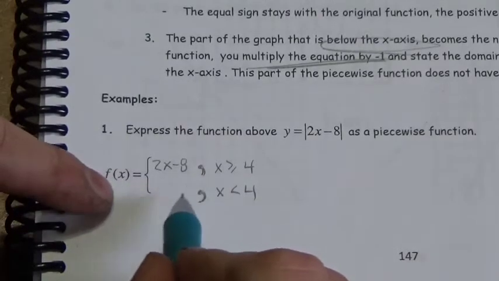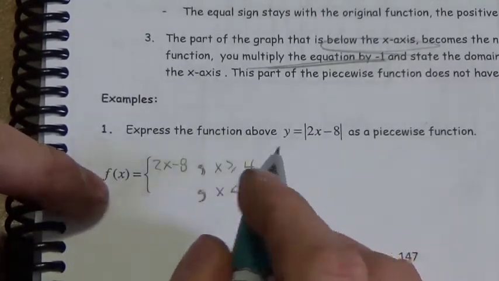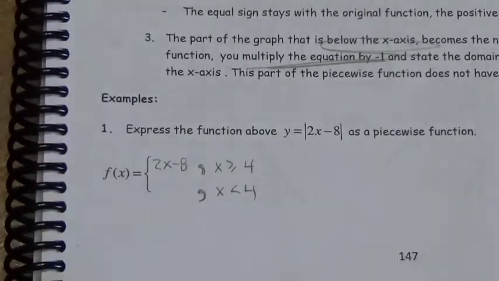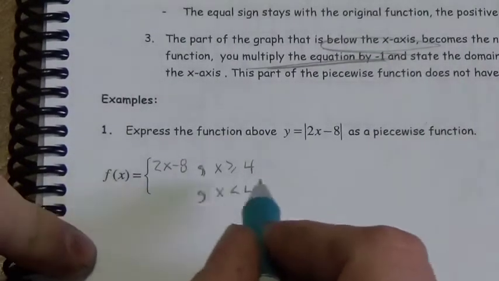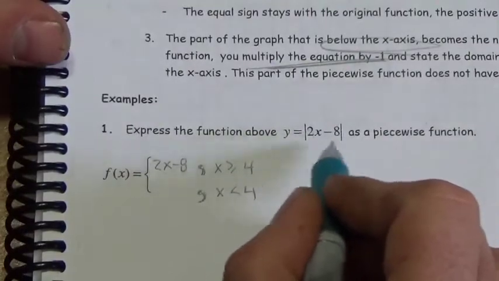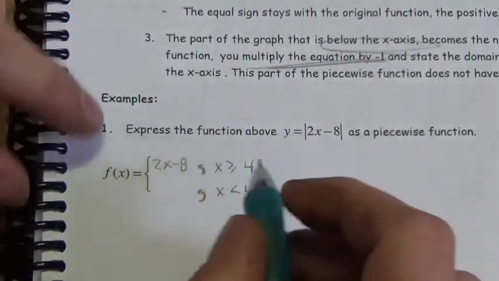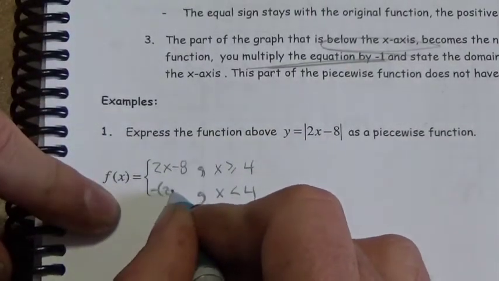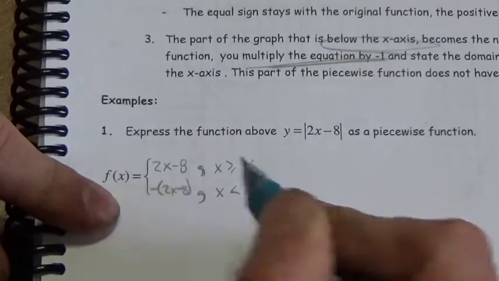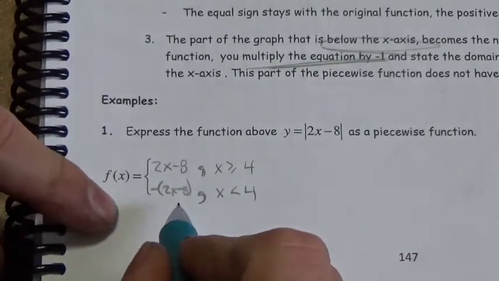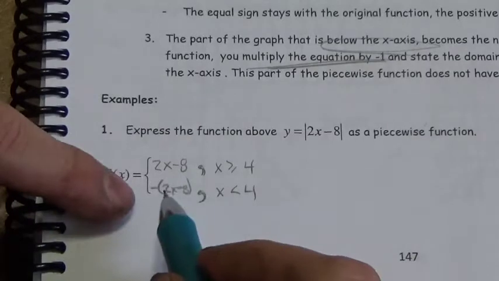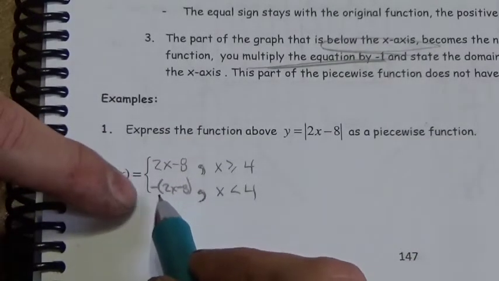Now, how do I make the change for the second part right there? Well, what you do, and this goes right back to the very beginning when we first started to define this: if the part that's inside here is negative, what do you do to it? You put a negative in front. That's all you got to do, you slip another negative in front of that.